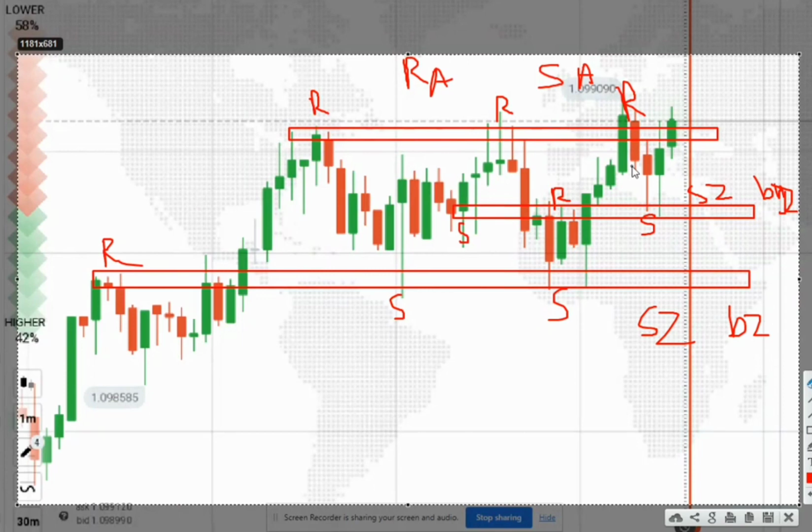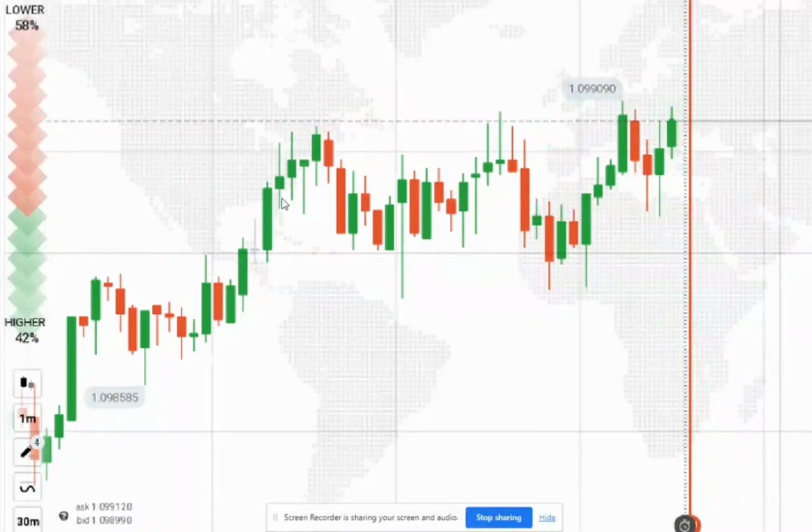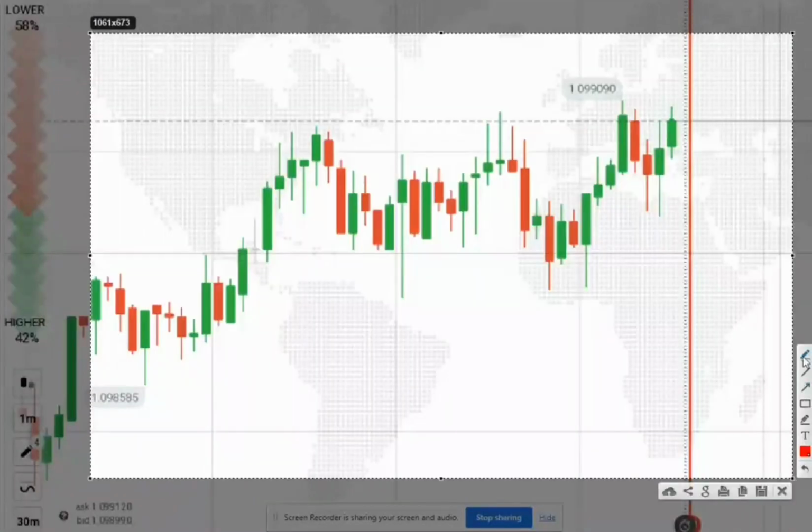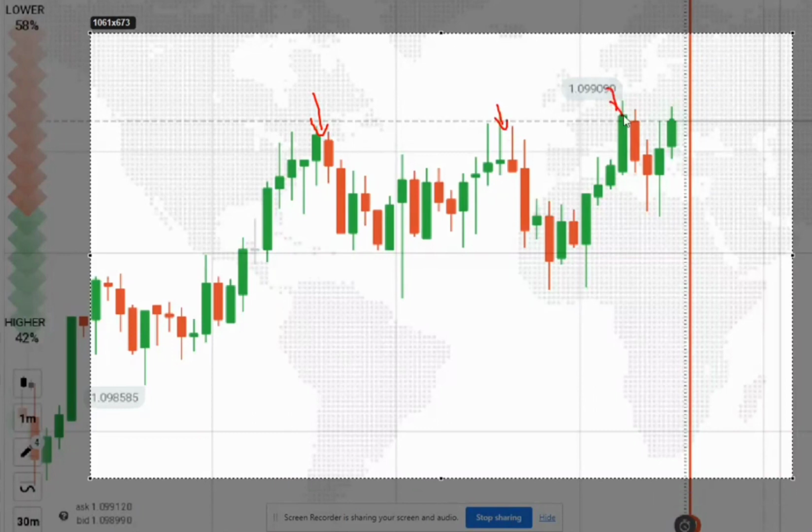Okay, so now let's see what we have here. As you can see, we have resistance because the market reversed from this level, and from this level, and from this level.